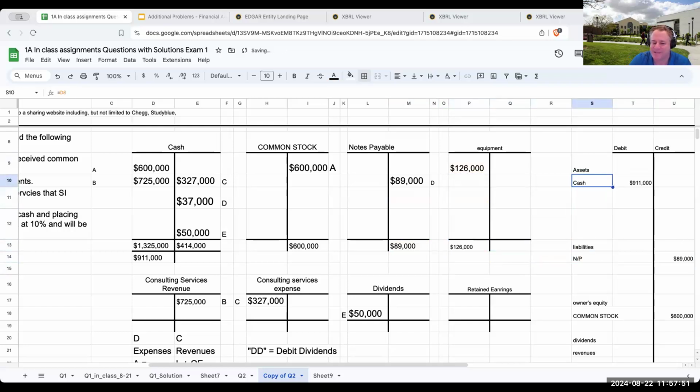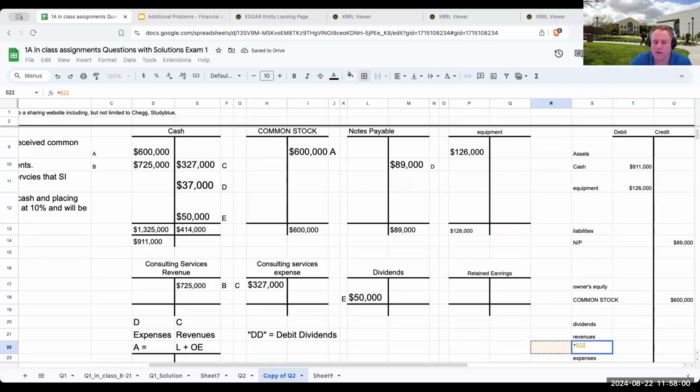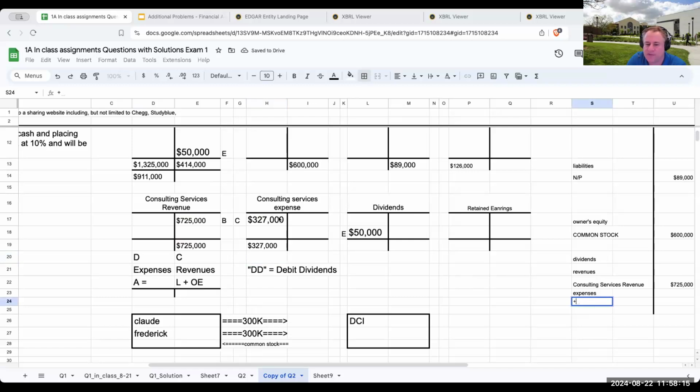Equipment is an asset, so I've got equipment for 126,000. Coming down, I'm going to have consulting services revenue. My consulting services revenue has a credit balance of 725,000.